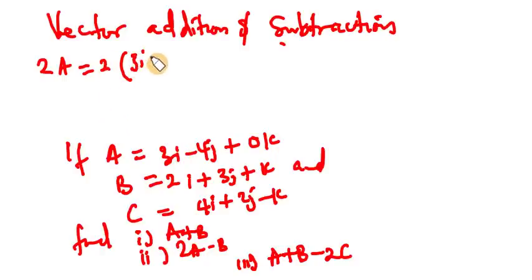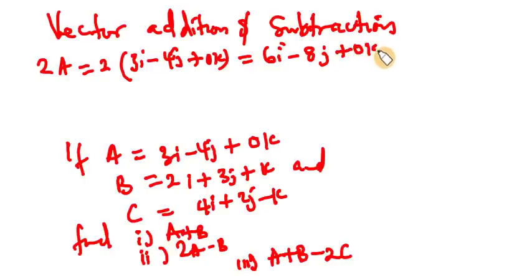So this is 3i minus 4j plus 0k, so that we have 6i minus 8j plus 0k. So we have found 2a, that is this. Let's take away the vector b from it. So we have 2a minus b will now be 6i minus 8j plus 0k.